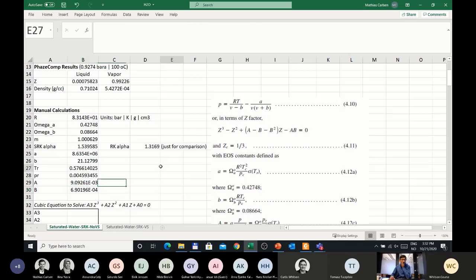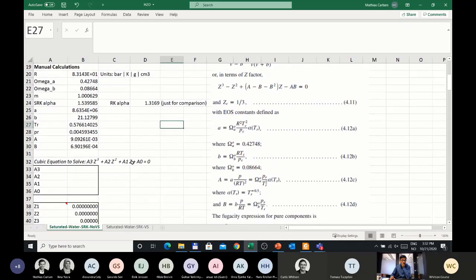Okay. Now we calculate these coefficients here. The coefficient for this cubic term is 1, and for the square term it's -1.